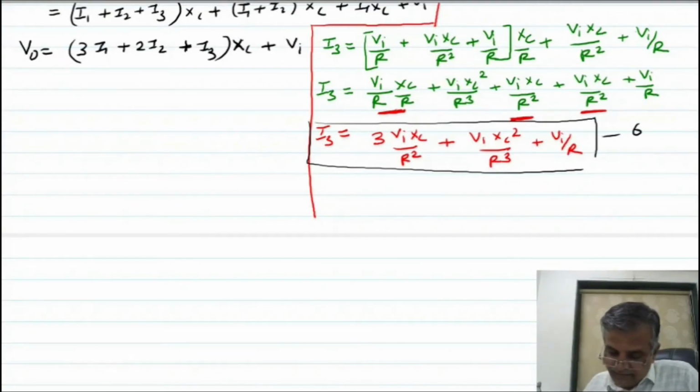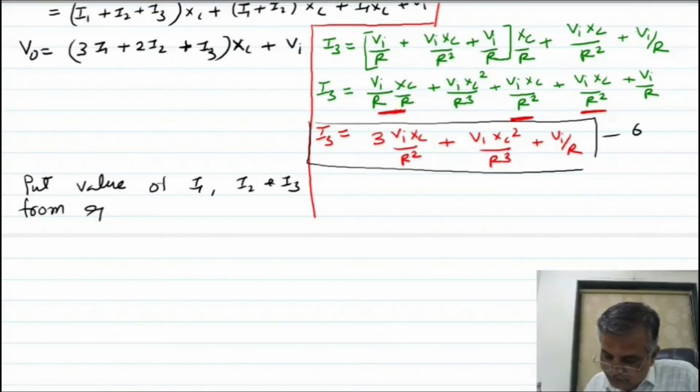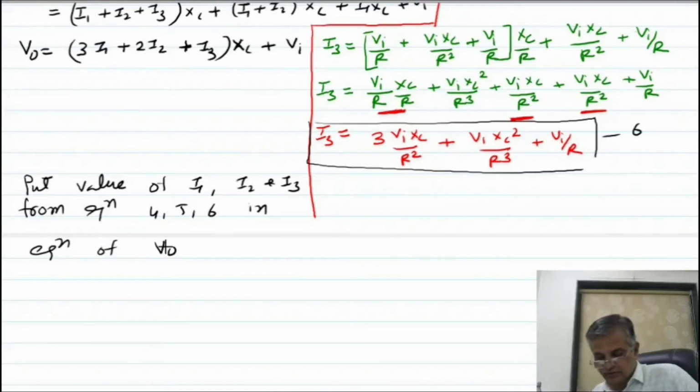So I am writing: put the value of I1, I2 and I3 from equations 4, 5, 6 in the equation of output voltage.